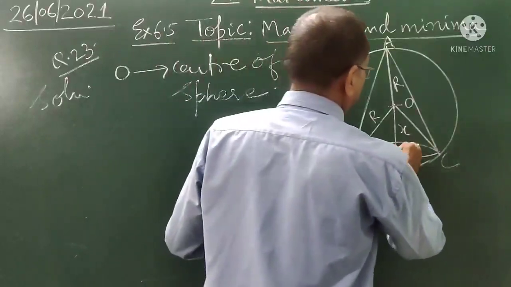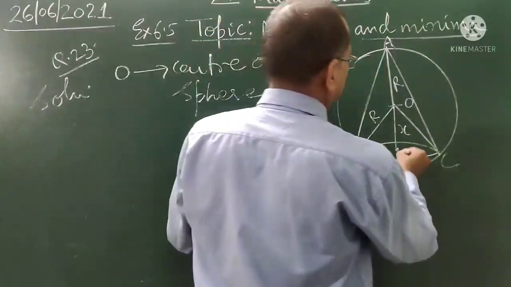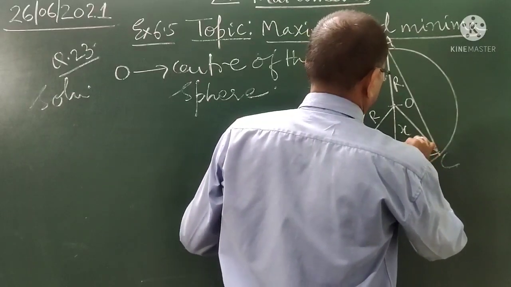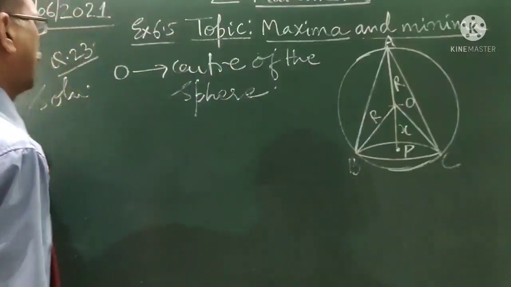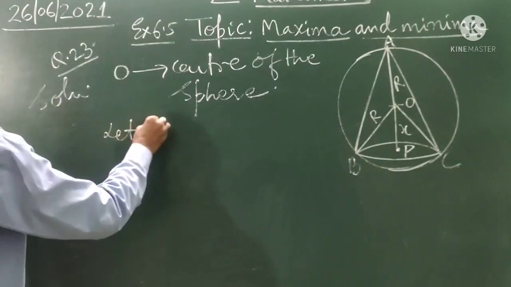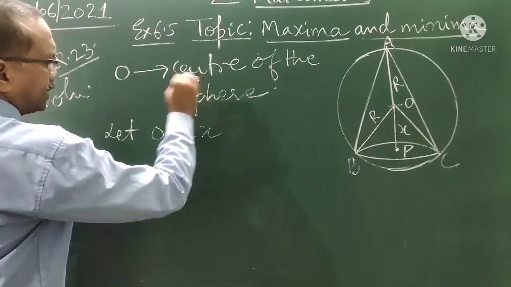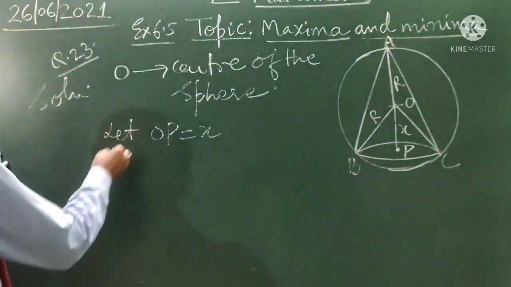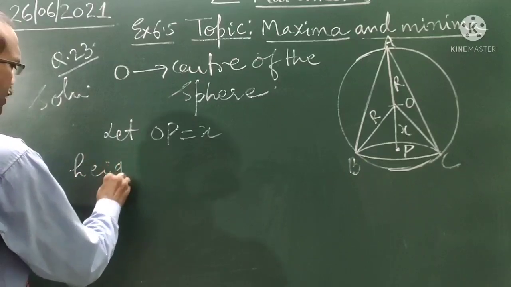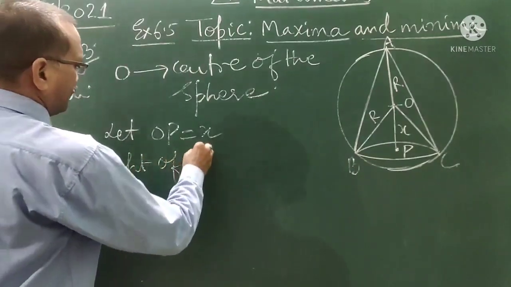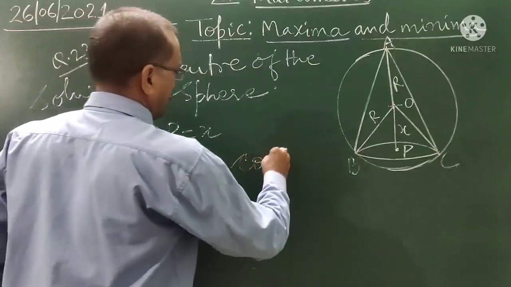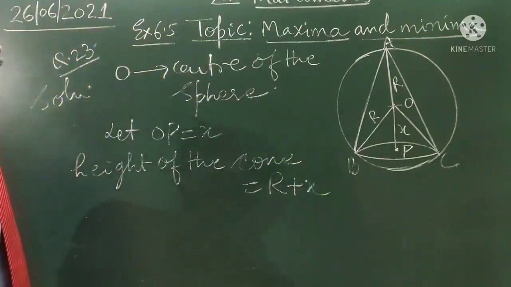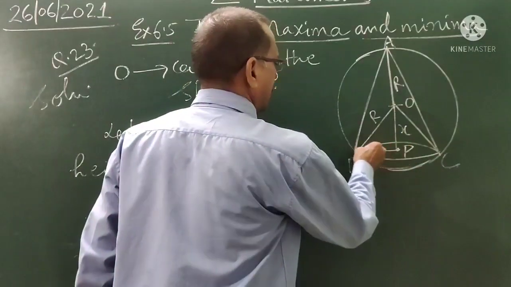Dear student, let there be a point P. Let OP equal X. OP is X. Therefore, the height of the cone equals R plus X. And the radius of the cone, P is the center of the base of the cone.